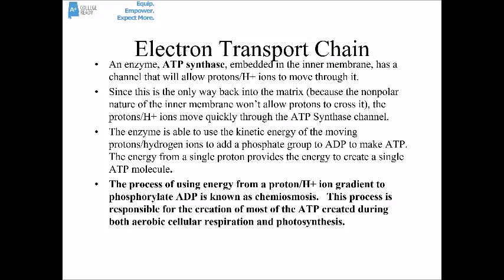Now this enzyme is unique because it's able to use the kinetic energy of these protons, or hydrogen ions, moving through it to add phosphate groups to ADP to make ATP. The energy from a single proton can provide the energy to create a single ATP. The process of using this energy from the proton or hydrogen ion gradient to phosphorylate ADP to make ATP is called chemiosmosis. That's a really important term for you to understand.